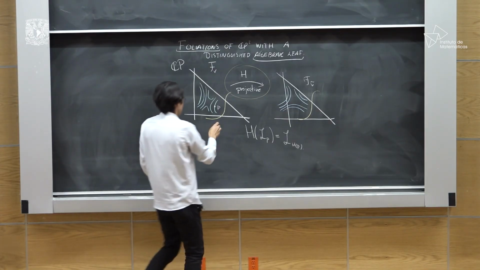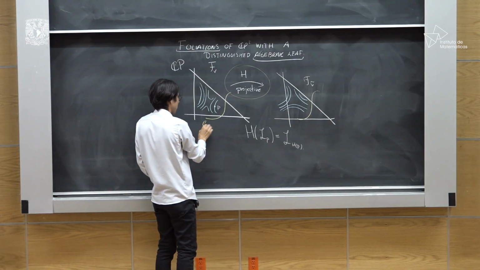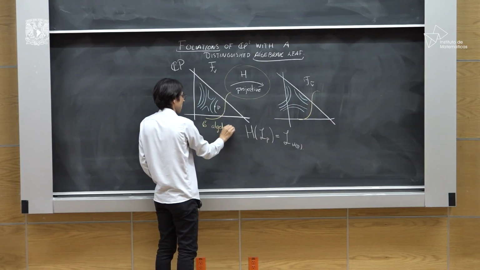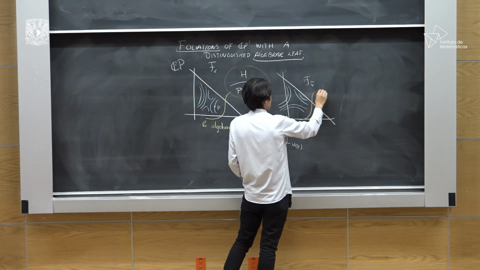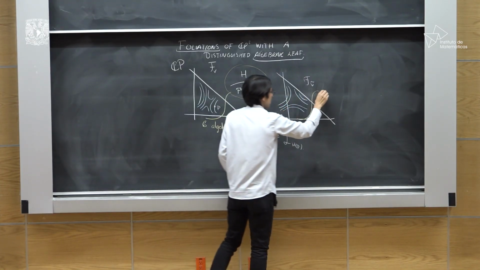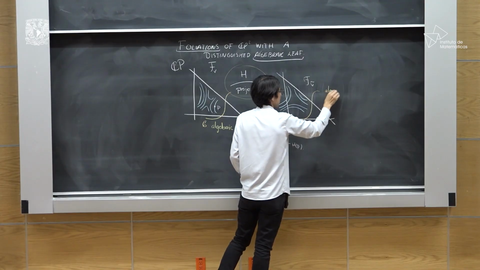I mean, if we have C algebraic, the image of C under H is also algebraic.